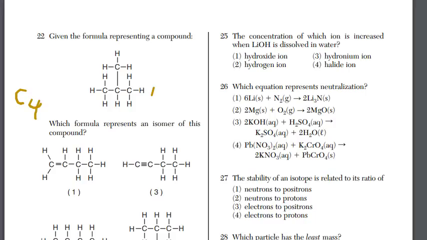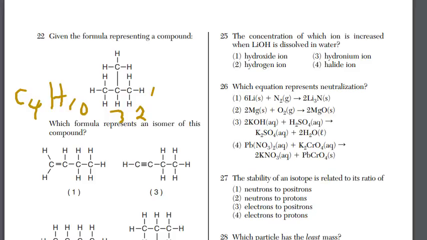I'm going to start here and go around: 1, 2. I'm just making a mark. You should too, so you know where you started. And it's 1, 2, 3, 4, 5, 6, 7, 8, 9, 10. So I'm looking for a choice that has 4 carbons and 10 hydrogens.